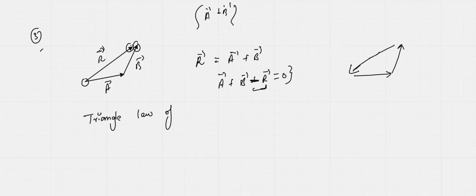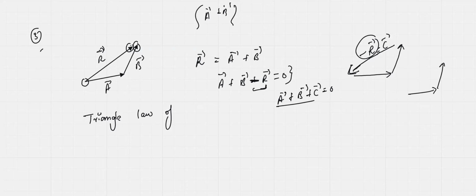Can I say this? Yes, sir. If I replace this minus R with another vector C, can I say minus R equals some vector C? So can I say that A plus B plus C equals 0? Yes. They come to 0 when they make a cycle.